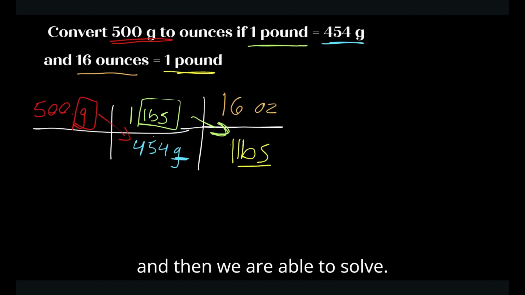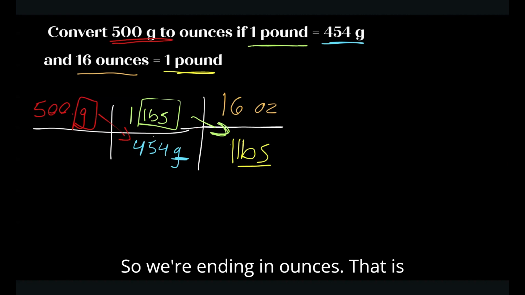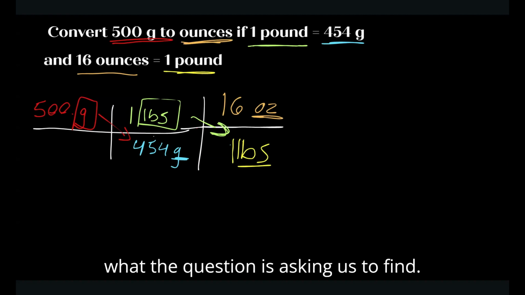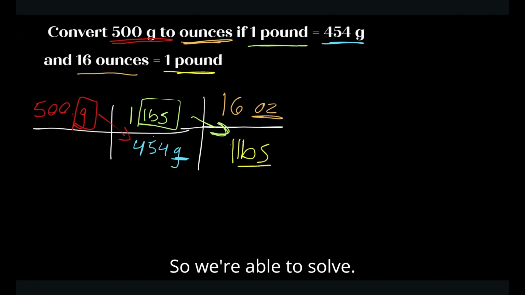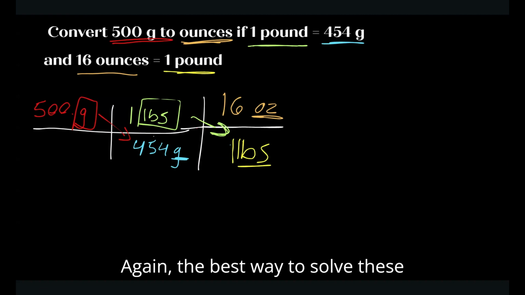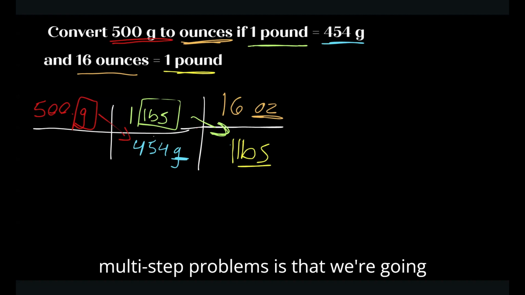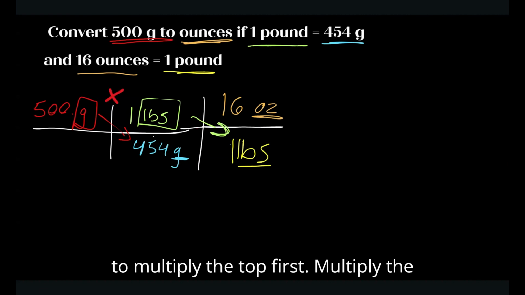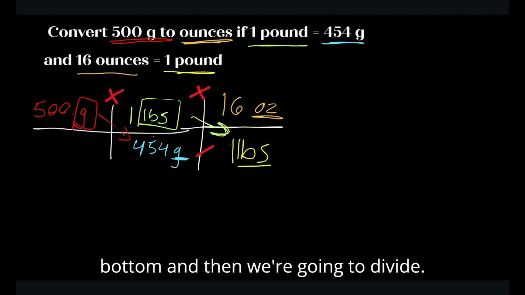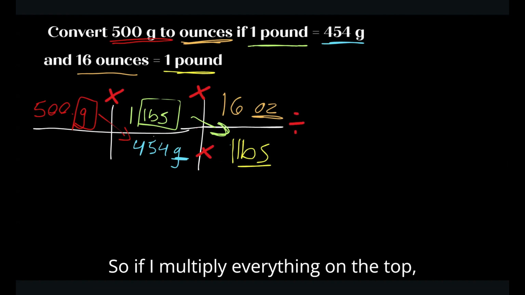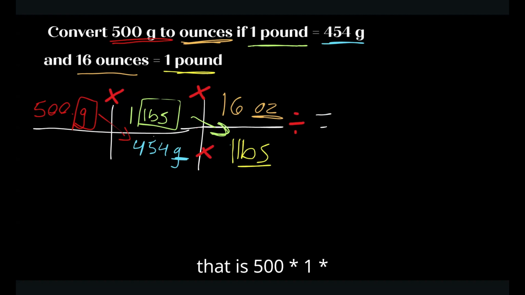And then we are able to solve. So we're ending in ounces. That is what the question is asking us to find. So we're able to solve. Again, the best way to solve these multi-step problems is that we're going to multiply the top first, multiply the bottom, and then we are going to divide. So if I multiply everything on the top, that is 500 times 1 times 16 to equal 8,000.